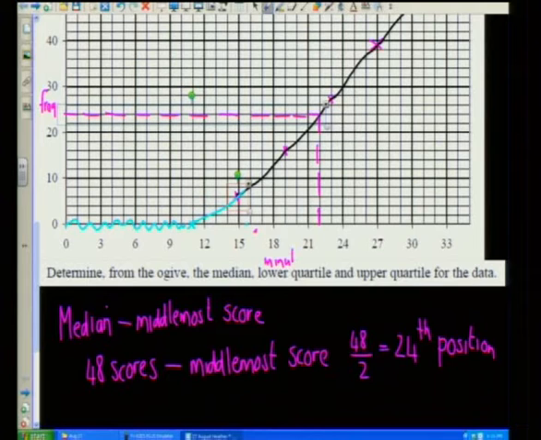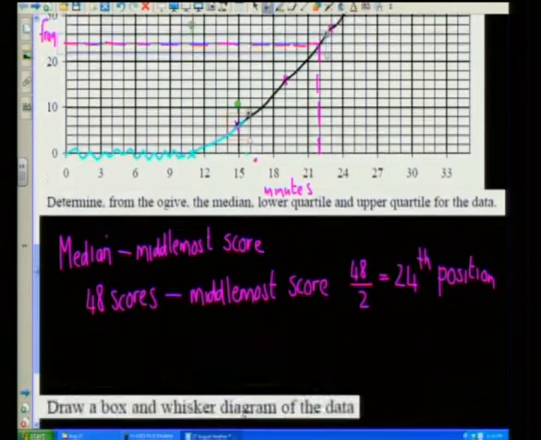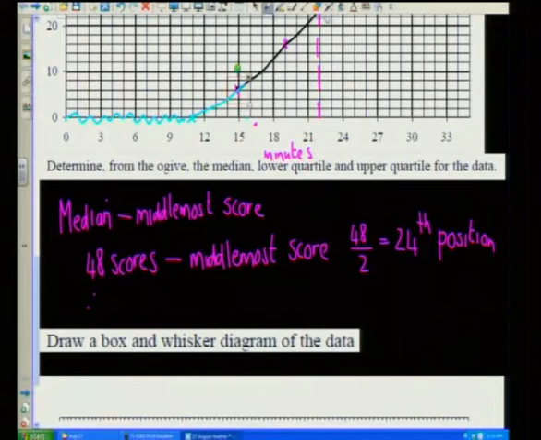And that tells you that your middlemost score, according to this, is going to be 22 minutes. So we are saying that the middlemost time taken was 22 minutes.